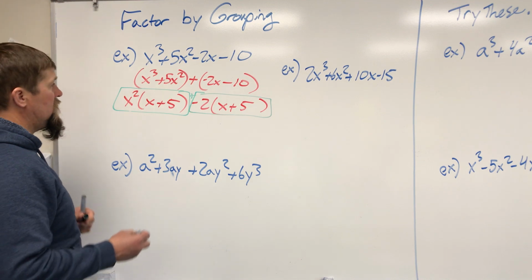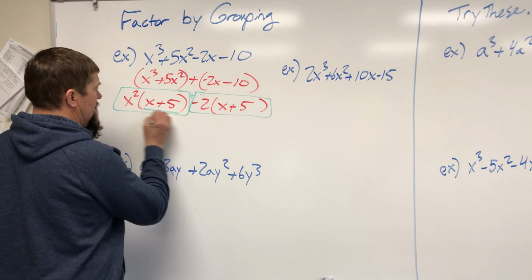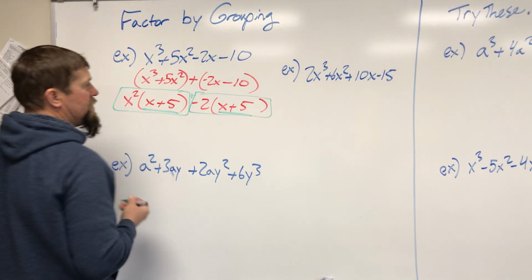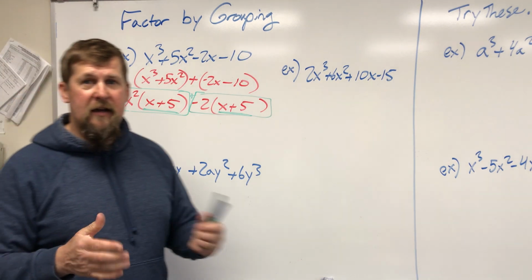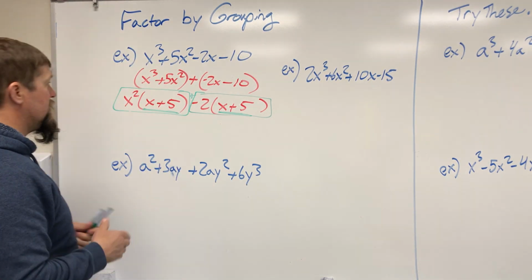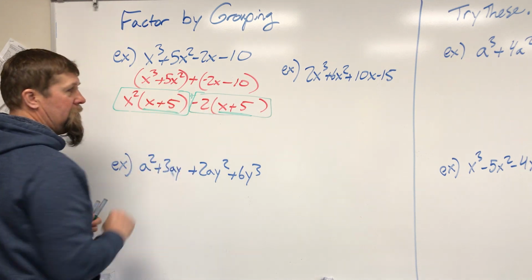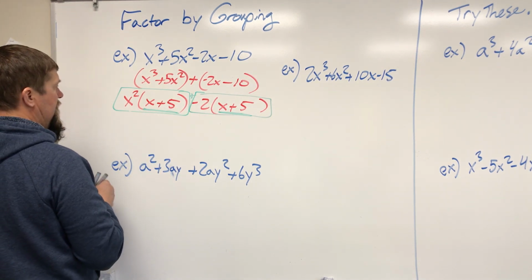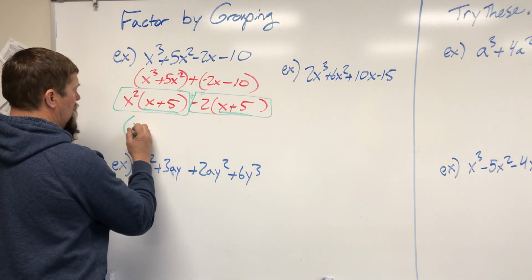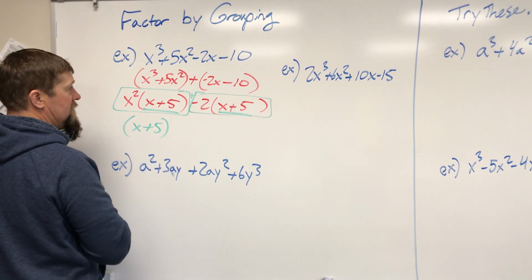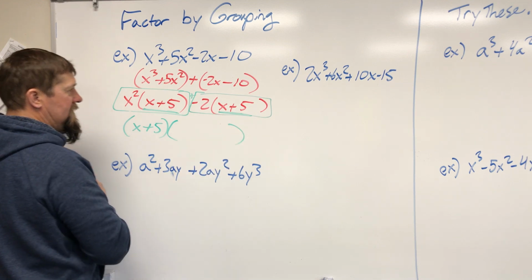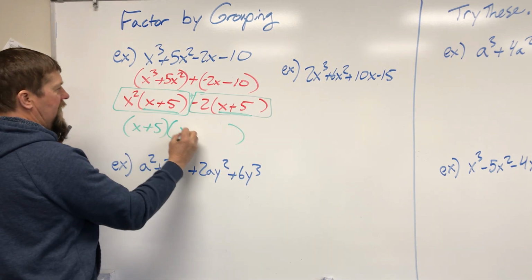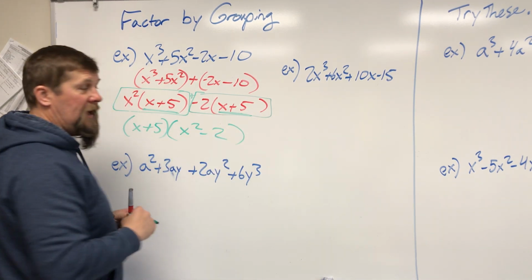So what you should see here is the fact that they both have an x plus 5. That is the common factor. So you're actually taking the greatest common factor out of these groups, and that would be your x plus 5. So I'm taking x plus 5 out, putting it out front, leaving me with x squared minus 2 left.